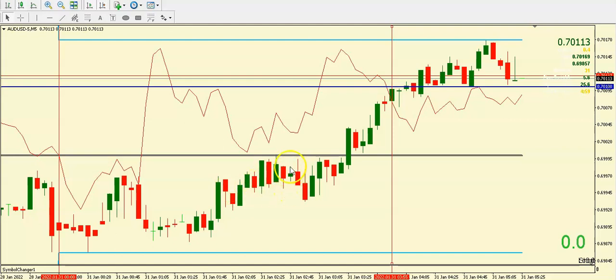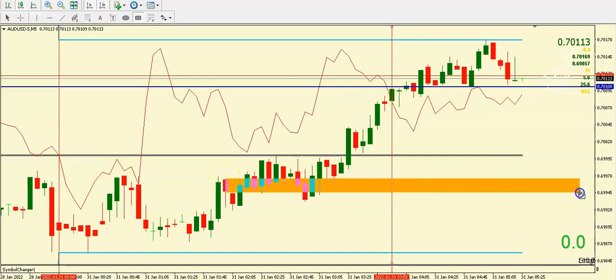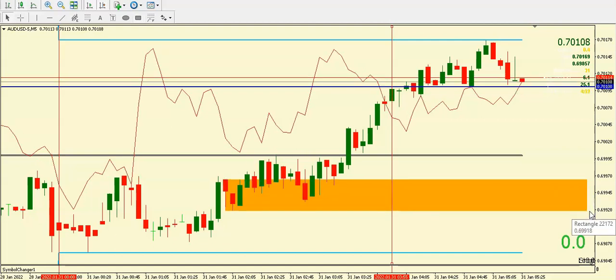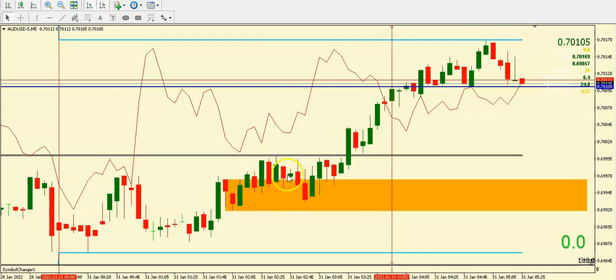And then we have these that come down still within here. This is marked this way. So technically, these are the last down close candles here.